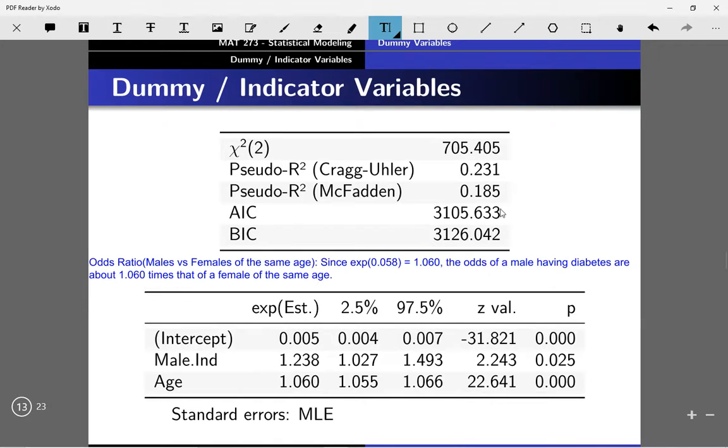Okay, so very slightly higher, so 6% increase in the odds. Not that much for males versus females, but that's how we interpret the odds ratio here.